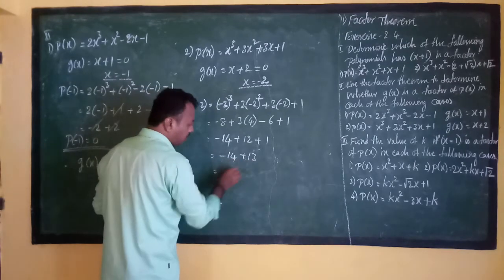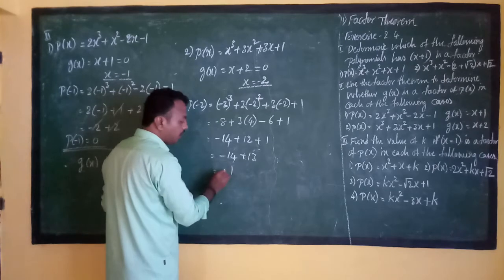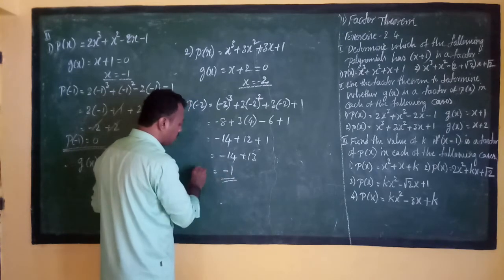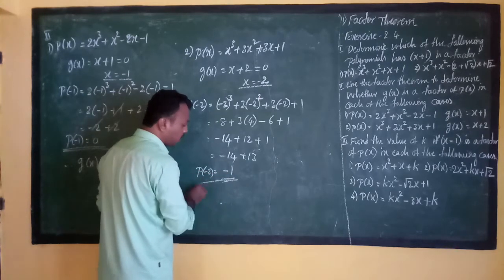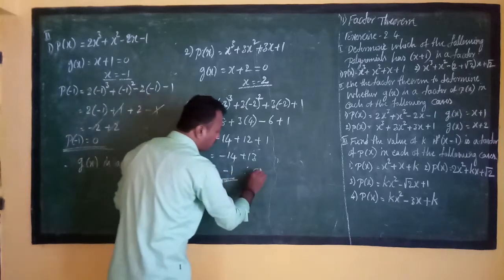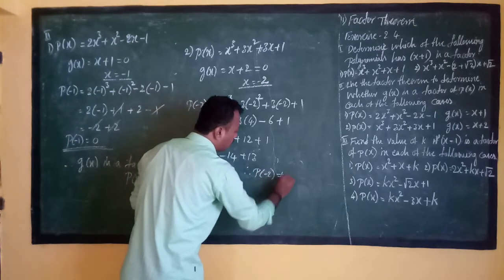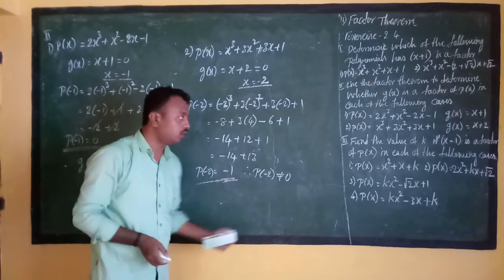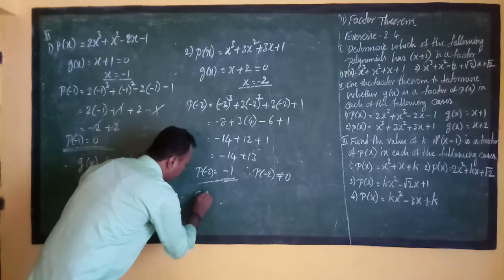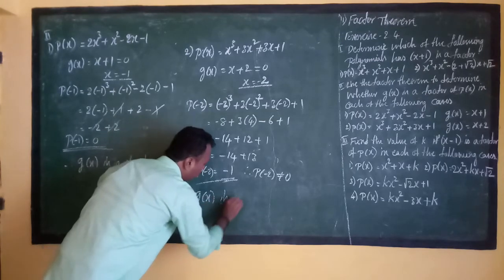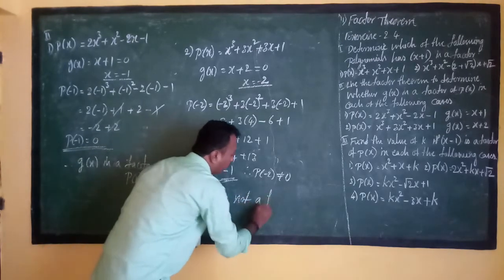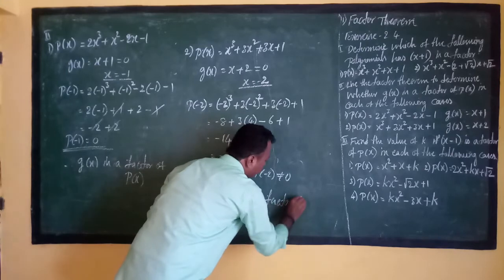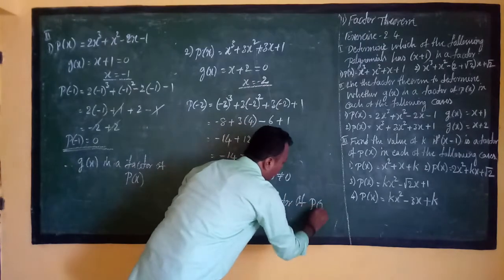So 14 minus 13 is equal to 1, the bigger number is negative, therefore minus 1. Therefore p of minus 2 is equal to minus 1, therefore p of minus 2 is not equal to 0. Therefore g of x is not a factor of what? P of x, not a factor of p of x.